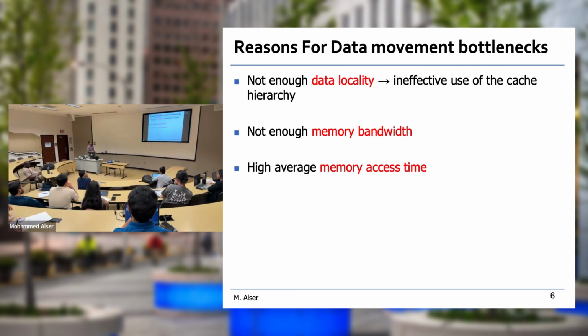The average memory access time is really high for several reasons. And there are a lot of problems about the access time. And we defined the latency last time as, what is the latency of a DRAM device?